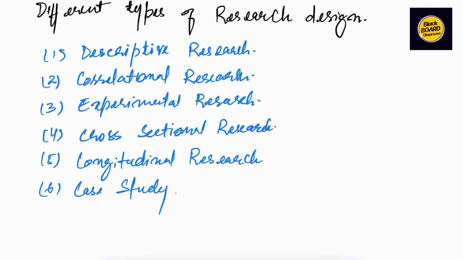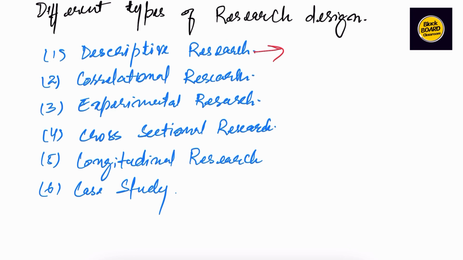So we have the following types of research designs in research methodology. Any type of research you are pursuing, you need to go through these research designs. First, number 1, descriptive research design, which aims to describe characteristics or behaviors of a population or phenomenon.